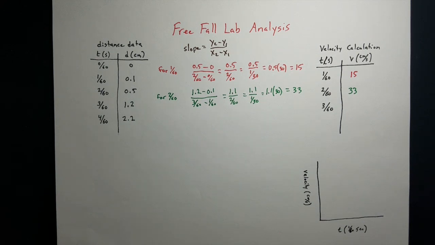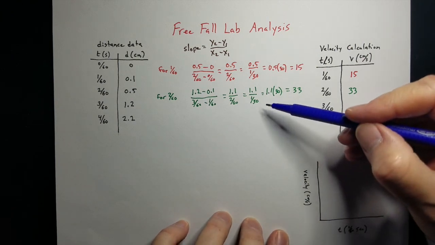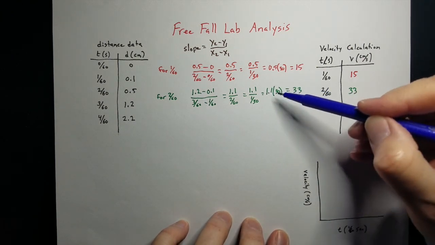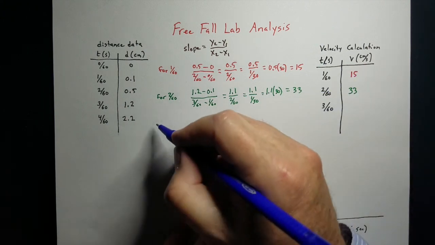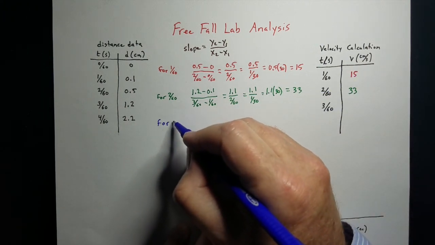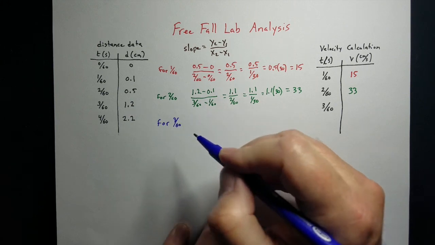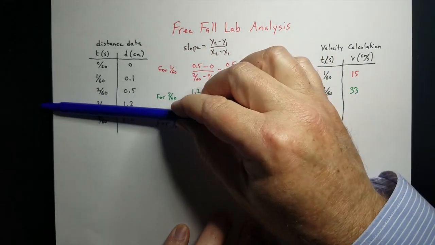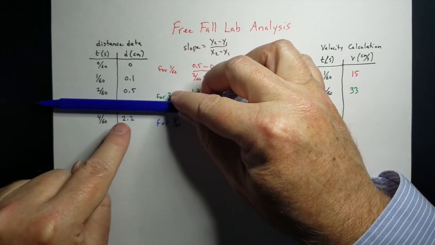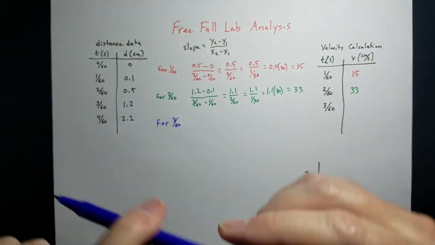So here's the shortcut. The bottom is always going to end up 2/60ths, which always reduces to 1 over 30. So we always end up on that last step multiplying by 30. So for 3/60ths, I want to show you the shortcut. Again, we cover up 3/60ths, because that's the one we're looking at. We take the point after minus the point before.